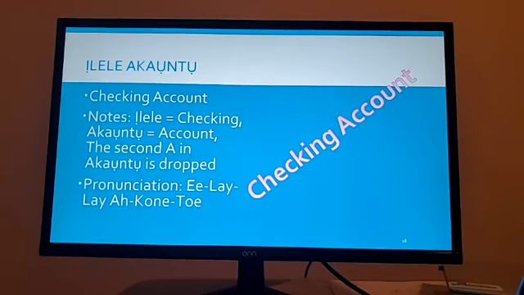Checking account. A little different word for check than probably what you're accustomed to. Check in this case would be ilele. And you already know the word for account, which is Aun-Toe. So putting it together, checking account is ilele Aun-Toe.